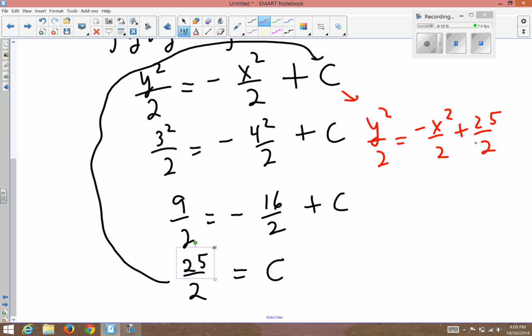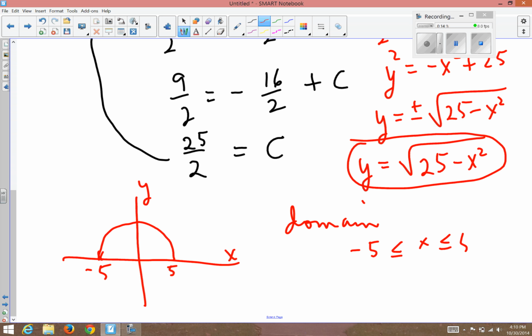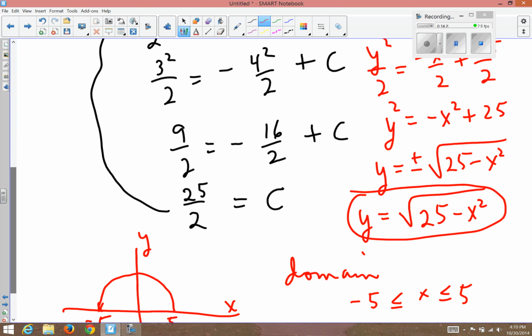So domain means the x's, and all the x's on here are between negative 5 and 5. So the solution to the differential equation is y equals radical 25 minus x squared. This is a picture. Indicate the domain. That's that. Number 8.